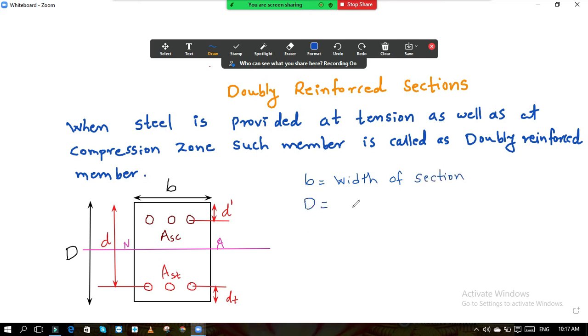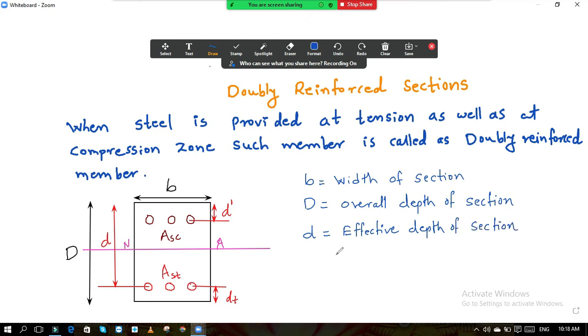Capital D is the overall depth of section. Then small d is the effective depth of section.